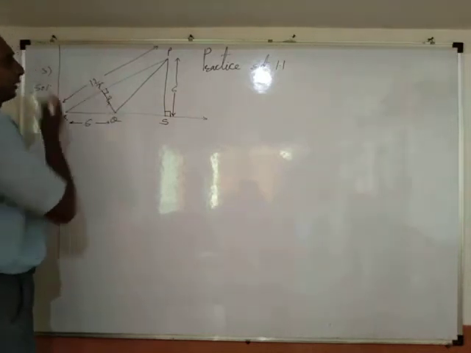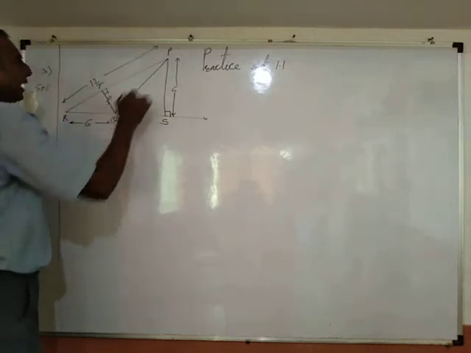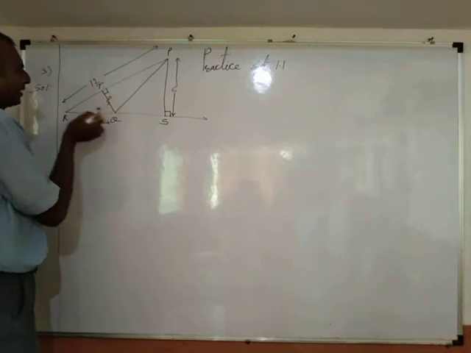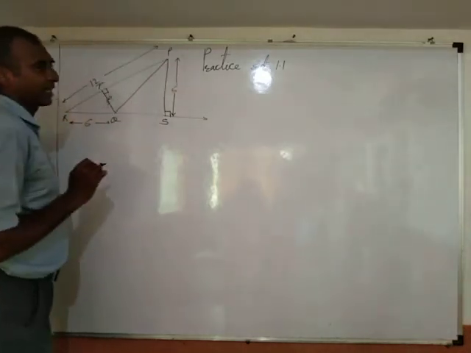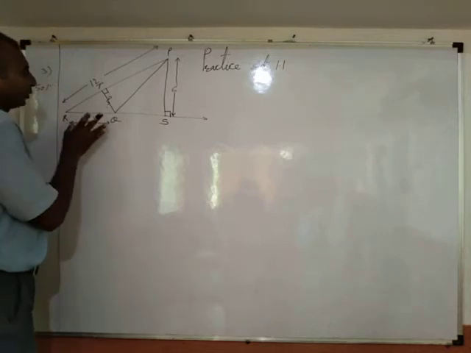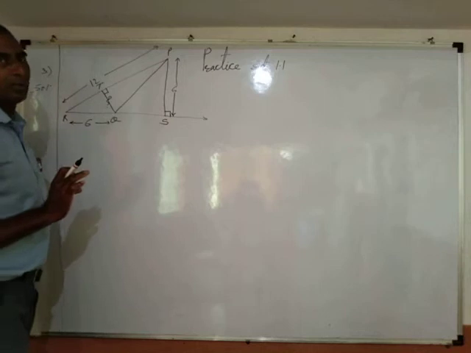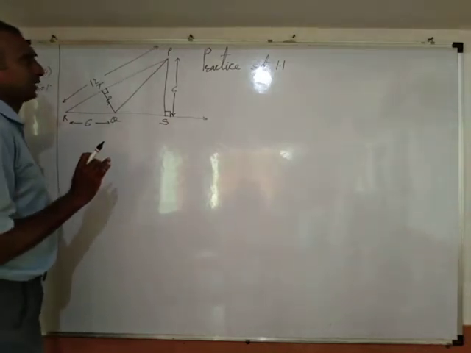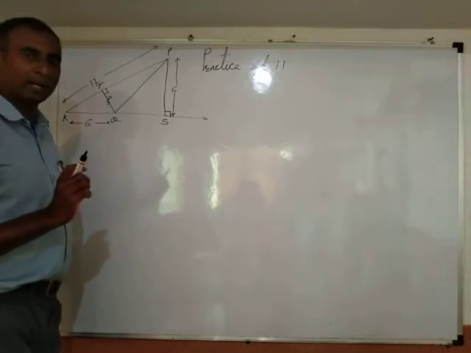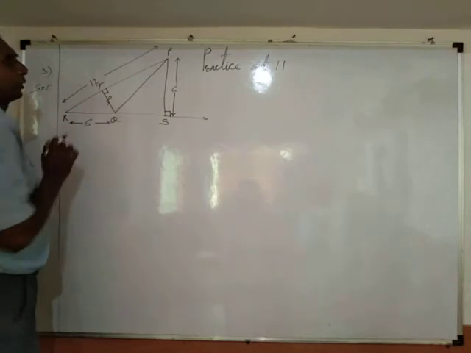Now, in this triangle PQR, if we consider QR as a base, seg PS will work as height. We know length of QR as well as length of PS. And therefore, using the general formula, area of triangle equals half into base into height, we can find area of triangle PQR.